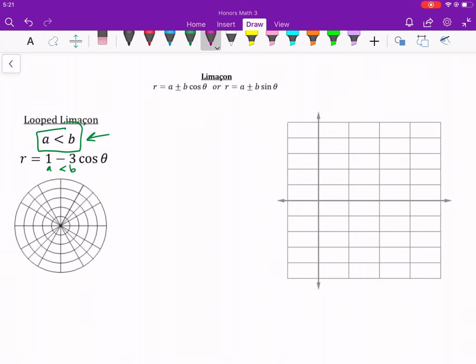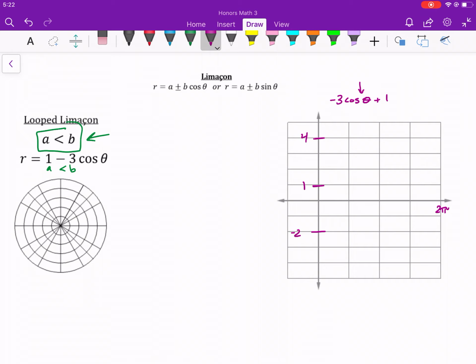Okay, so once again, you can make a table, or you could just go ahead over here and do a quick graph. Once again, I know the period is 2 pi since there's nothing in front of theta. My midline is at 1. The amplitude is 3, so I'm going up 3 up to 4, and then down to -2.